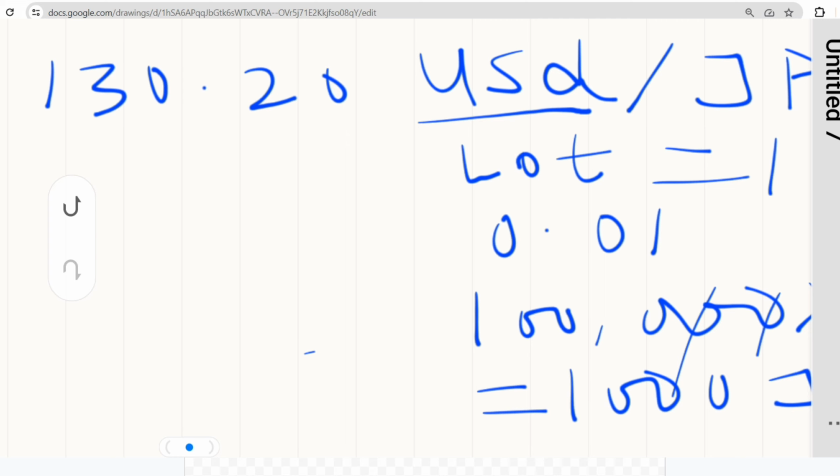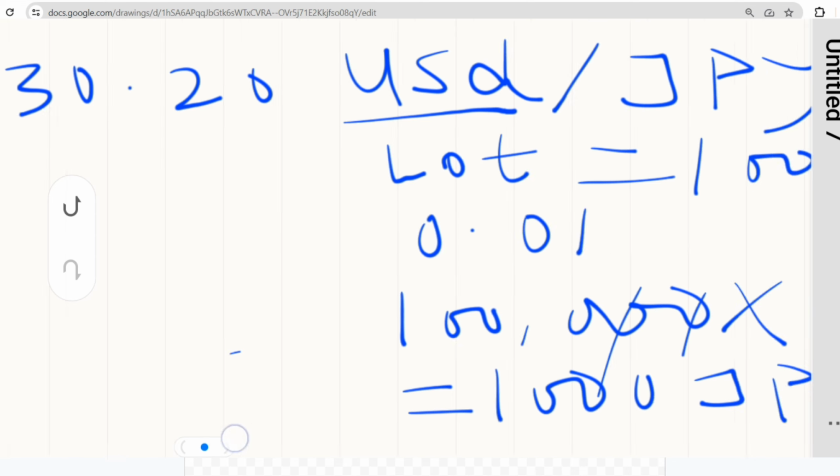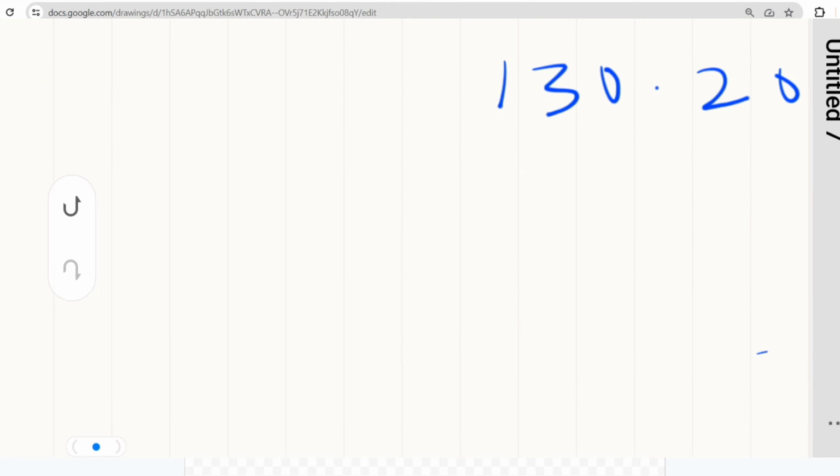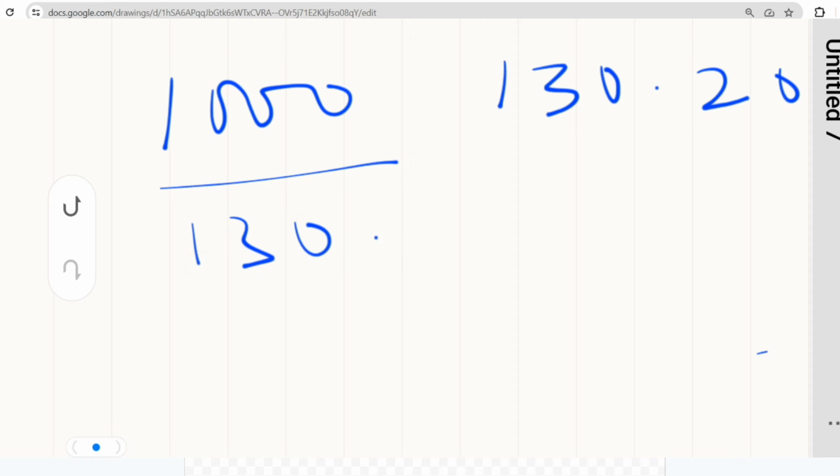Sorry, we're not multiplying this time, we're dividing to be able to get this value. So we're going to say this 1,000 JPY, 1,000 divided by 130.20, right?